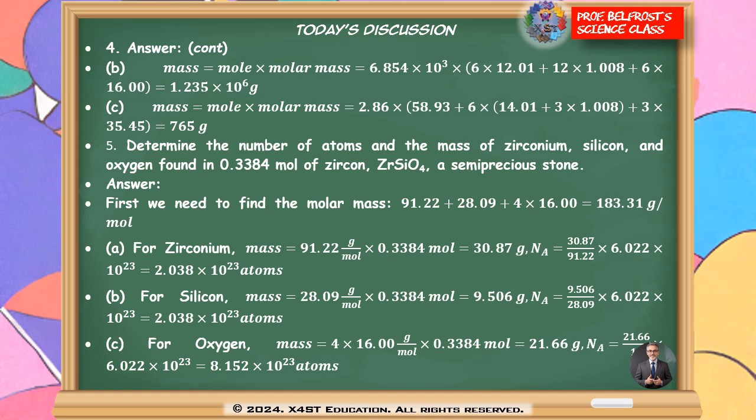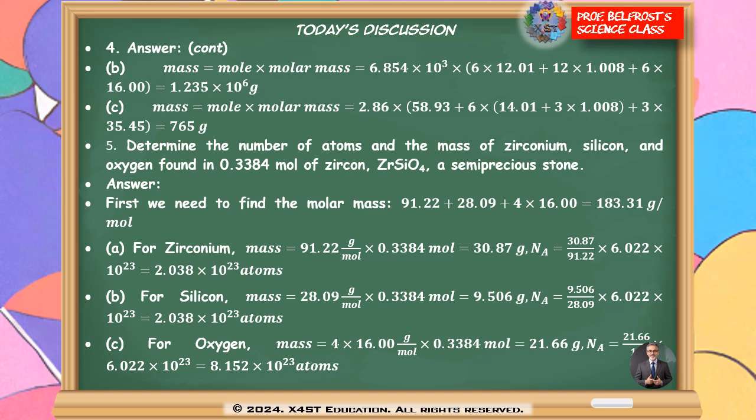The information that you need is the molar mass of each of the elements: zirconium, silicon, and oxygen. Here I find the mass first and then the number of atoms. You can also go directly to the number of atoms first and then find the mass. You can find your own way to solve this problem, but here is how I do it.